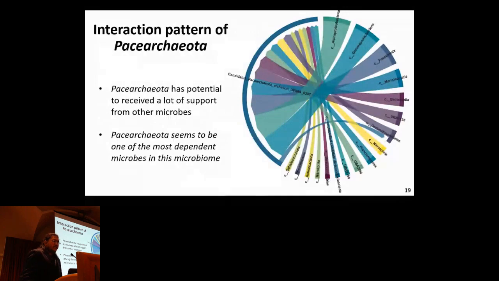This figure shows the interaction pattern of an archaeon called Paseurchiota.